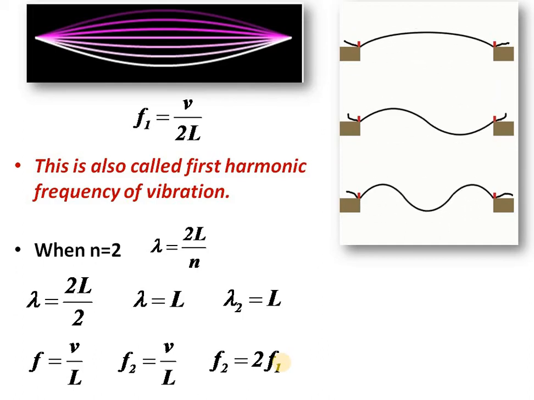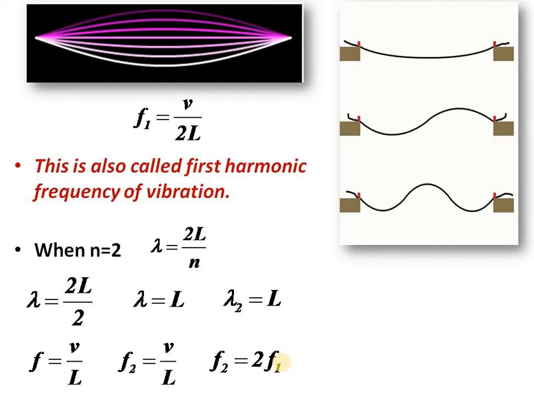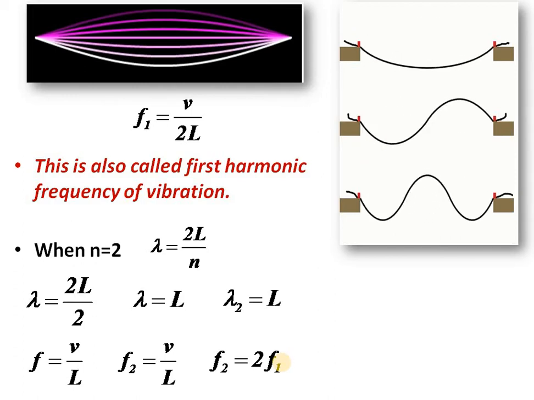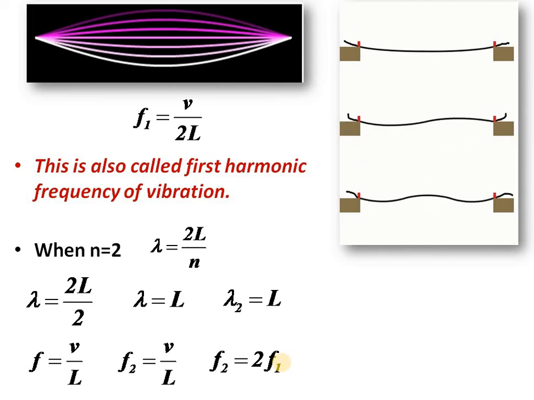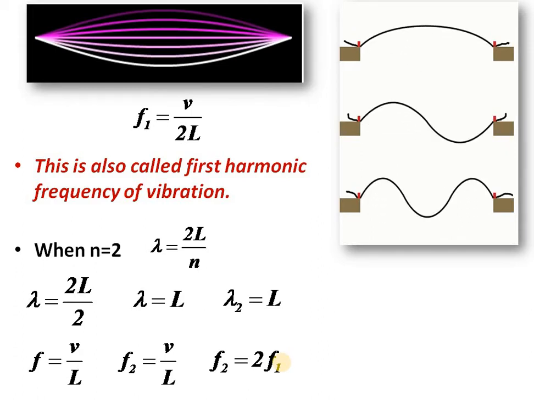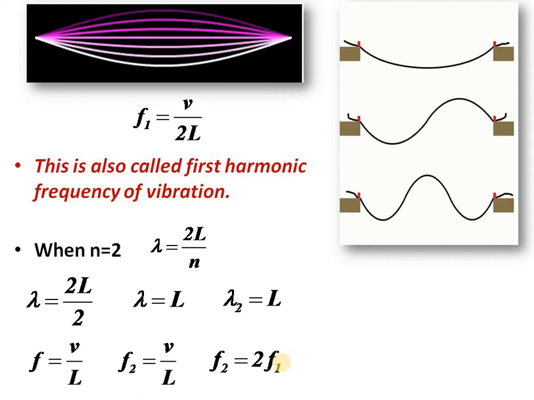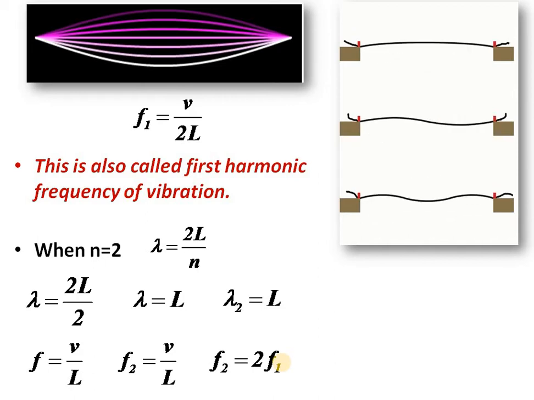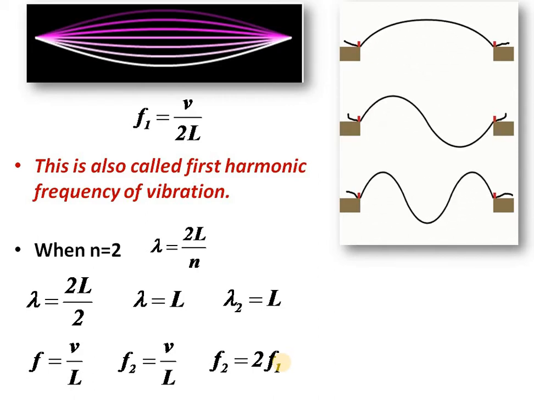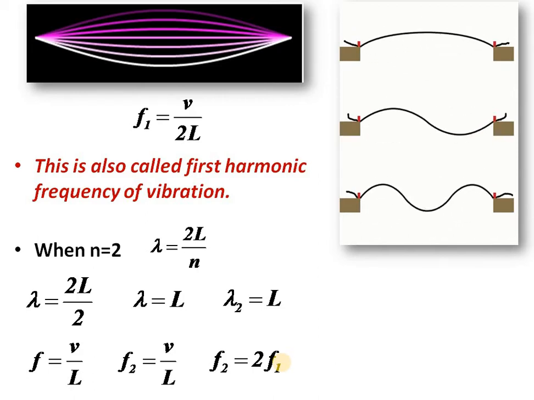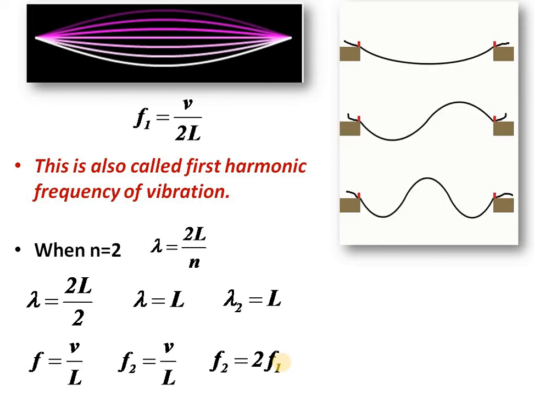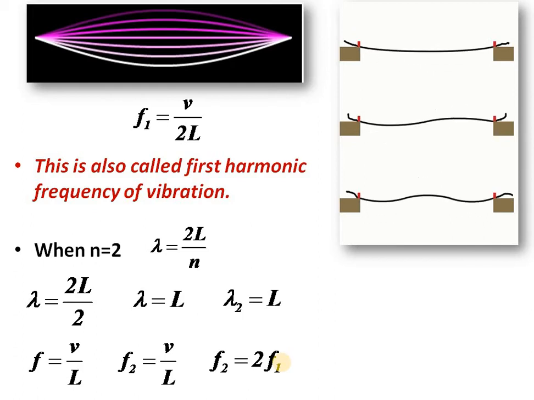That is the simple meaning: 2 times the fundamental frequency, and that means it cannot vibrate with any other frequency than 20 Hz. It cannot vibrate with 11 Hz, 15 Hz or 18 Hz. The permitted frequency of vibration is purely 20 Hz, provided the first harmonic frequency is 10 Hz.